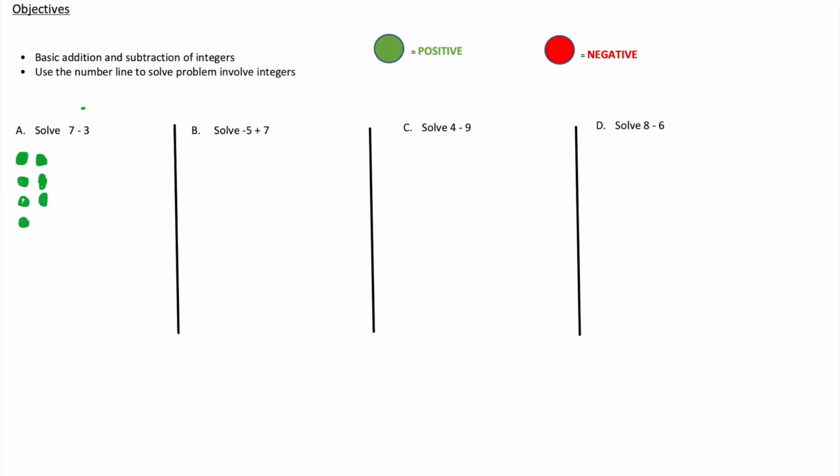Now for negative numbers, we're going to represent them using red circles. So it is -3, so we have 3 circles. Now what we're going to do next is to cancel one by one and see what we're left with.